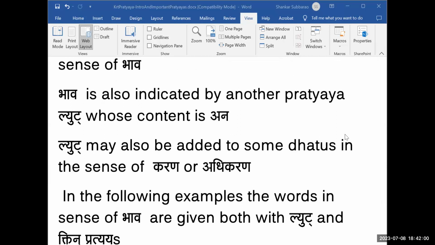Again, it can be added in the sense of bhava. But it can also be added to some dhatus in the sense of karana or adhikarana. Only two karakas. What is karana? An instrument. Adhikarana, the locus.